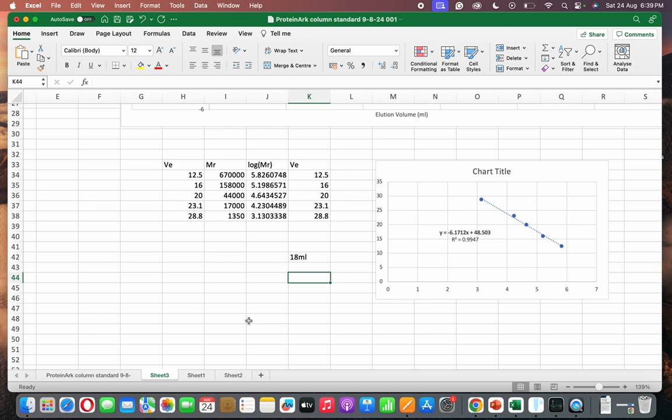So 18 is equal to minus 6.1712x plus 48.503. So x will be equal to 18 minus 48.503.